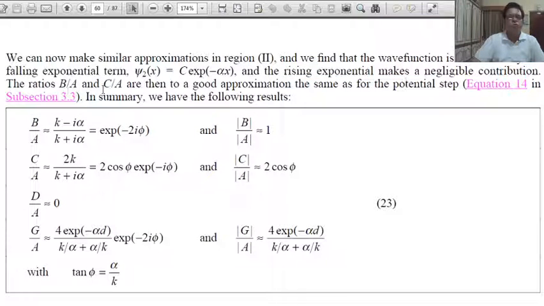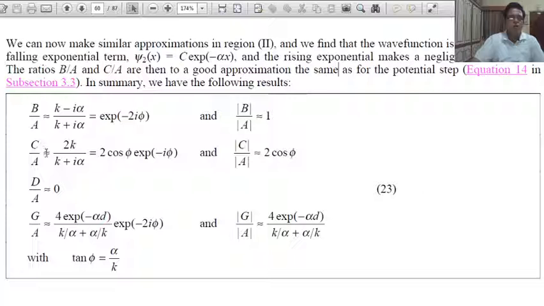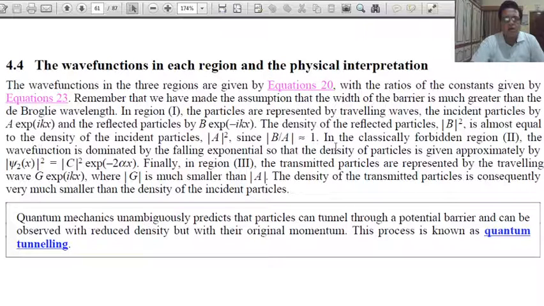The ratios B by A and C by A are then, to a good approximation, the same as the potential step. So B by A and C by A, D by A are approximately 0, and G by A. So four equations are given here.